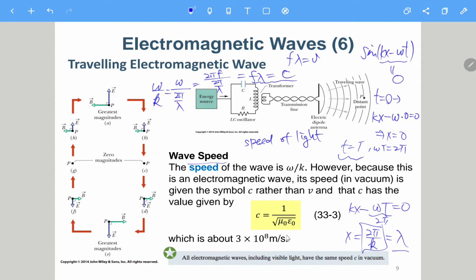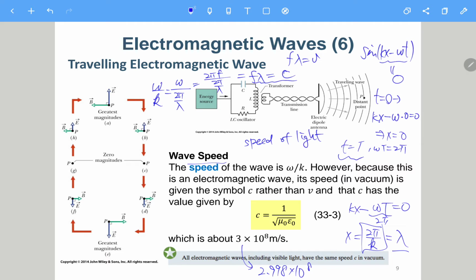Generally in physics class, 3 times 10 to the 8th power meter per second for the speed of light is good enough. But if you need to learn relativity, then you probably need 2.998 times 10 to the 8th.